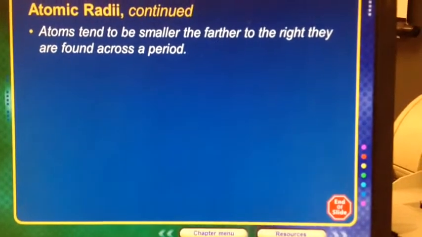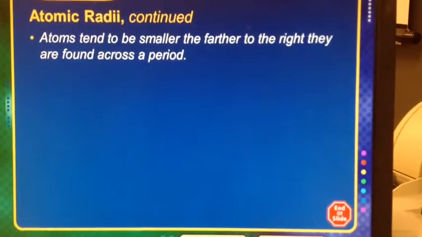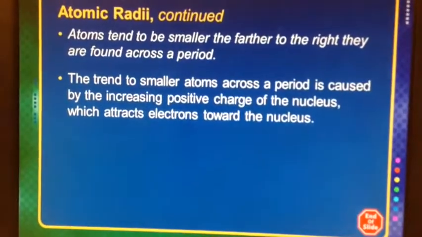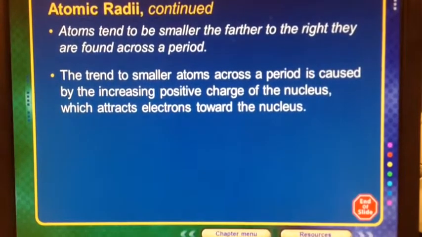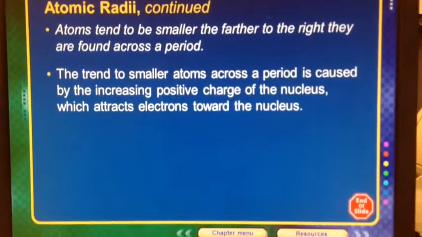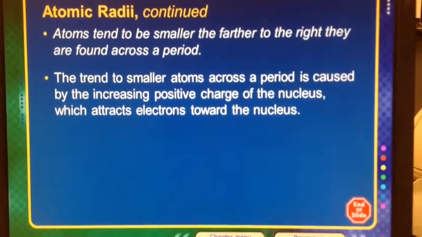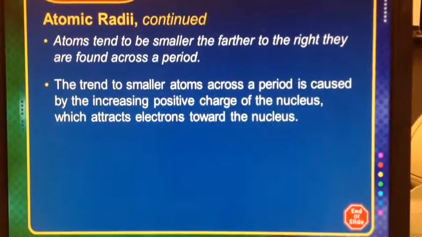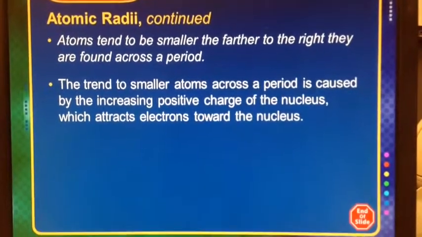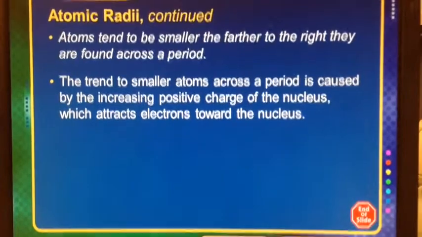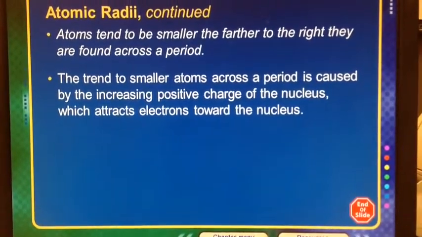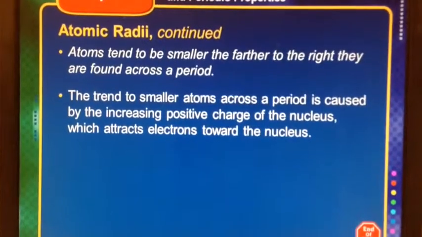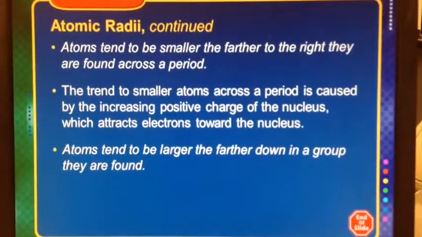Atoms tend to be smaller the further to the right they are found across the periodic table. The trend to smaller atoms across the period is caused by increasing positive charge on the nucleus, which attracts electrons towards the nucleus. So the more positive it is, the more the electrons are attracted towards the positive nucleus, pulling them tighter together.